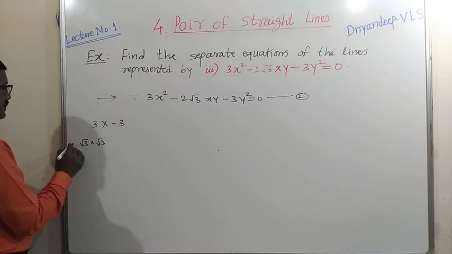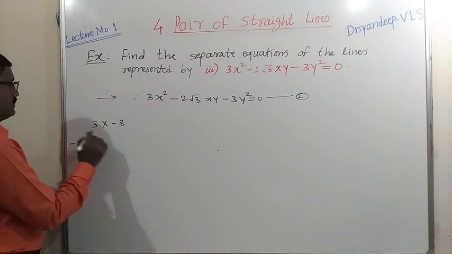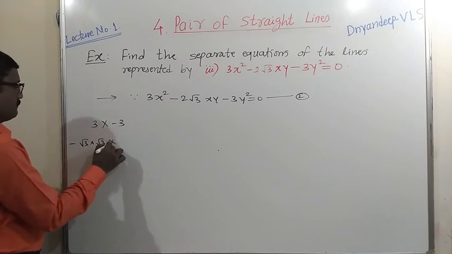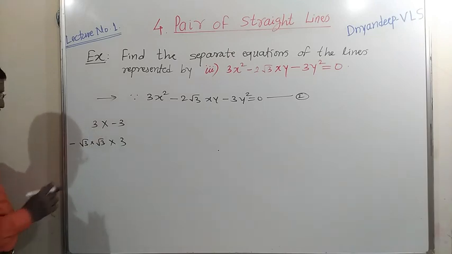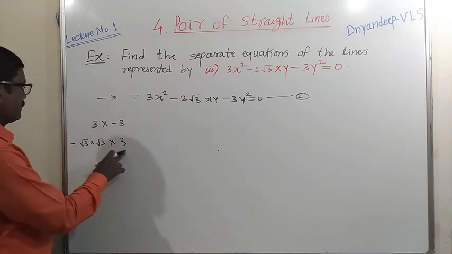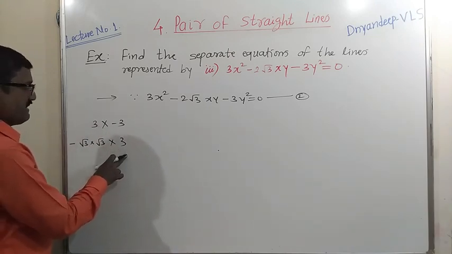We can take a negative sign here, so it is −3√3 and √3.